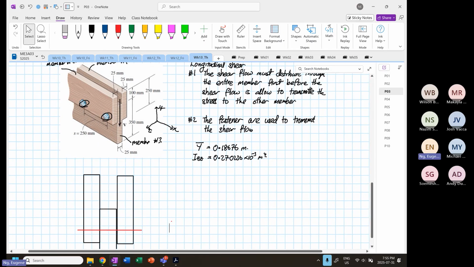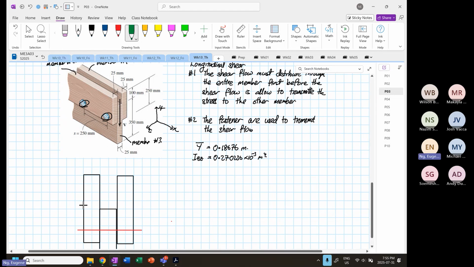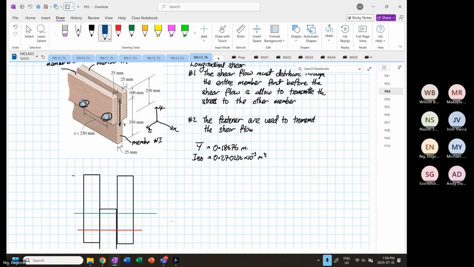And we are aware that our geometric centroid is, if this is 250, somewhere around here. So this is equal to 0.18676. Okay.